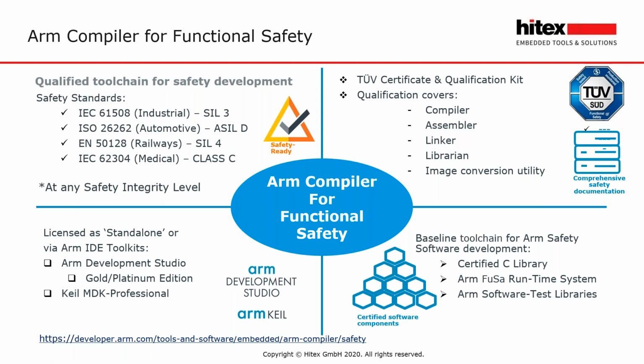They've been certified in tandem. And the compiler and the components you can use standalone, or they will fully integrate into the ARM toolchain. So the ARM Development Studio, particularly if you're going to use Cortex R or Cortex A devices. If you're working with Cortex M or some of the Cortex R devices, then the MDK provides the ideal platform.